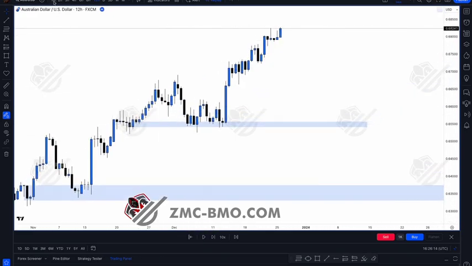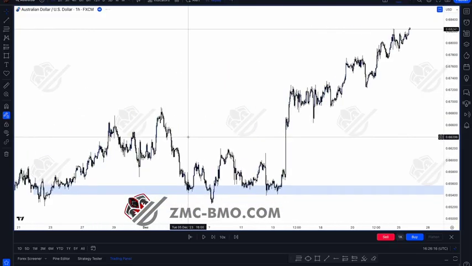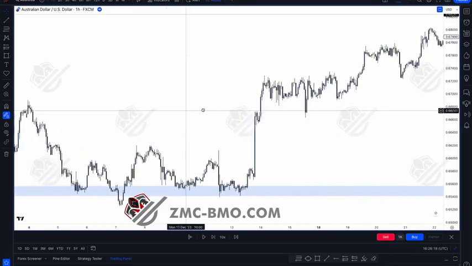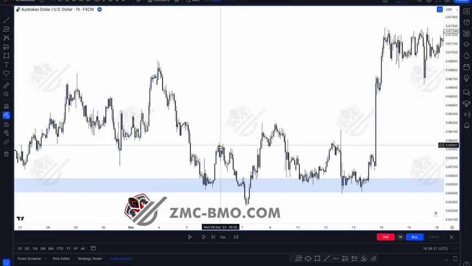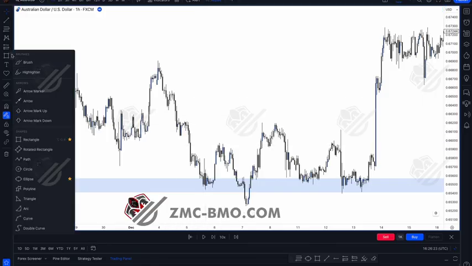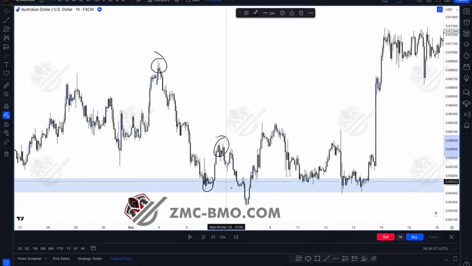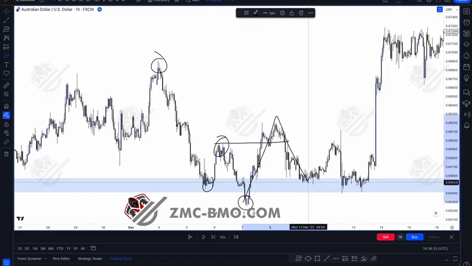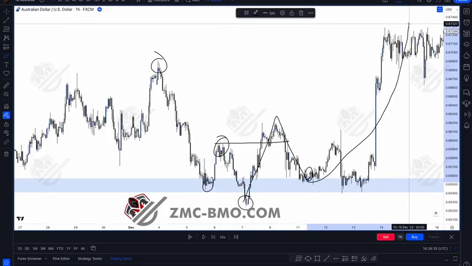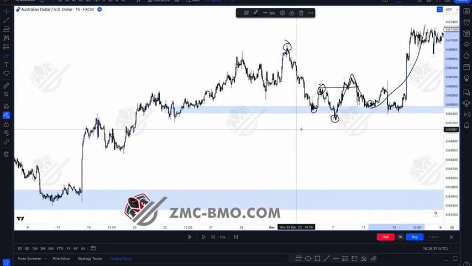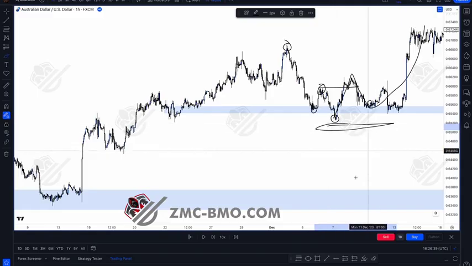Now, you can even see it within that. So if I go on the lower time frame, the 1 hourly, we saw a little structural shift here on the 1 hour, where this made the high, lower low, lower high, lower low, broke structure right there. We pulled back. You could have got long here, and then you're swinging it, and of course your stop loss would likely have been below the low.